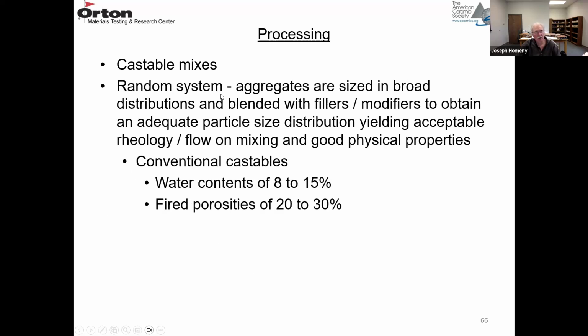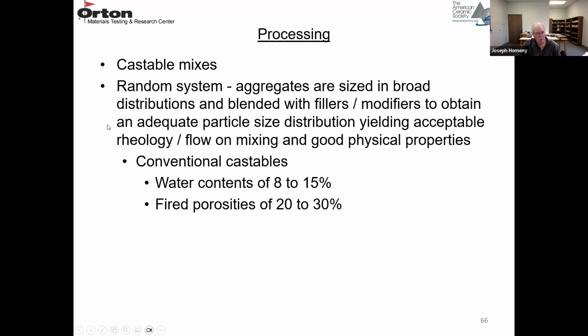So in the random system, aggregates are just sized in very broad size distributions. They're blended with fillers or modifiers. That would be the matrix material or any other chemicals to modify it. And that just produces an adequate particle size distribution that gives somewhat reasonable rheology and flow properties and reasonable physical properties.